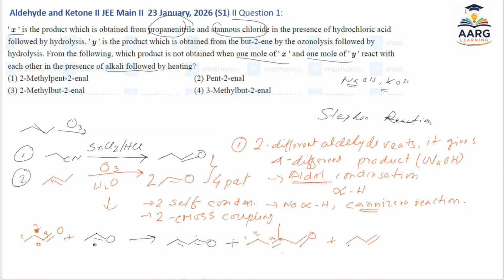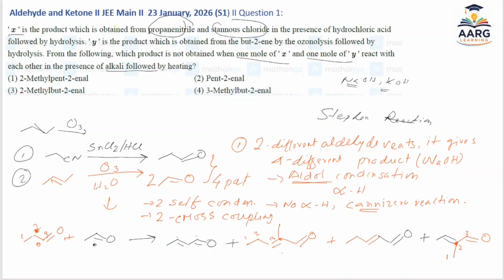So if this is the aldehyde and this is the alpha hydrogen, it will give this product, plus one more product it will give, and this will attack on this. This will be the other product. One, two, three. Here the alpha hydrogen attacks here. So these are the four products.